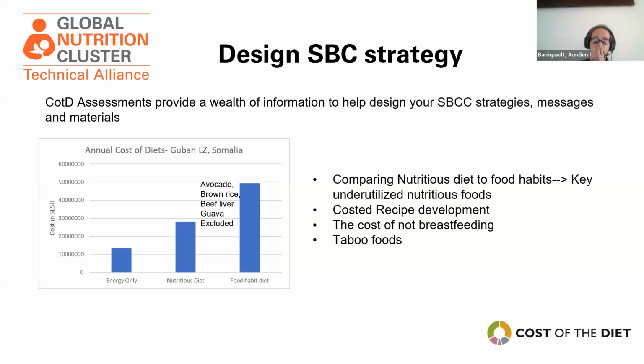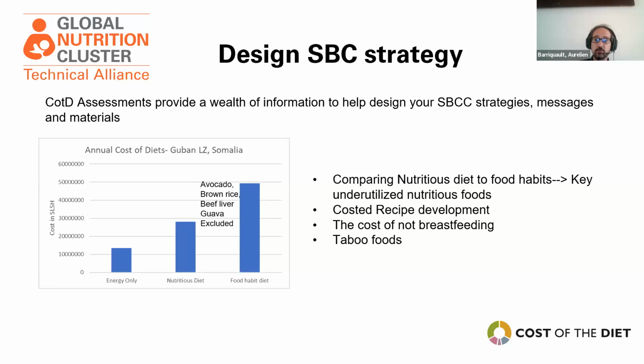In order to generate the food habit nutritious diet, we assigned constraints and excluded those foods. As you could see, compared to the nutritious diet cost, the food habit nutritious diet cost has really significantly increased. I think it's over 3 times.